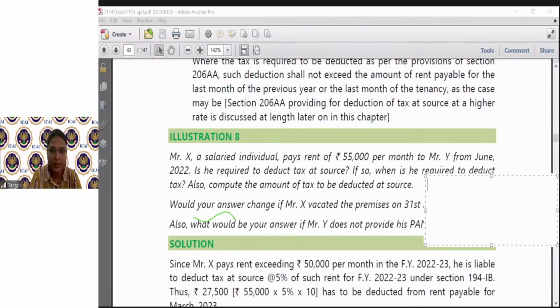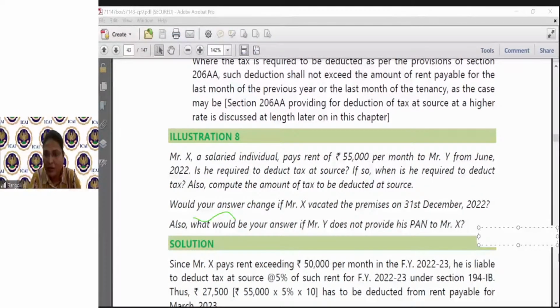Now what they have written. Would your answer change if Mr. X vacated the premises on 31st December 22? So before completion of the previous year, the property was vacated by Mr. X. So what is the last month of tenancy? It is December, because he vacated the property in December 22.